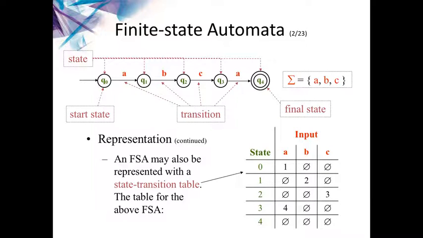So this finite state automata that you see actually recognizes a single string, that is A, B, C, A. So if you get a string A, B, C, A, the string is being accepted and you land in your single acceptance state in this particular case, which is Q4.